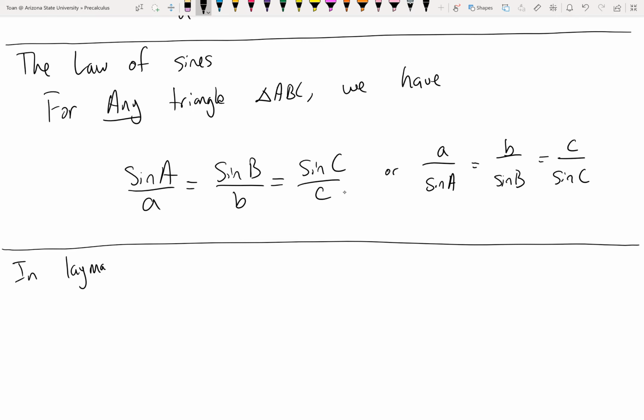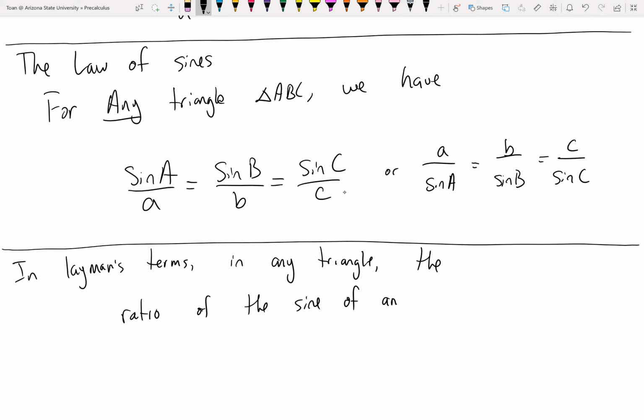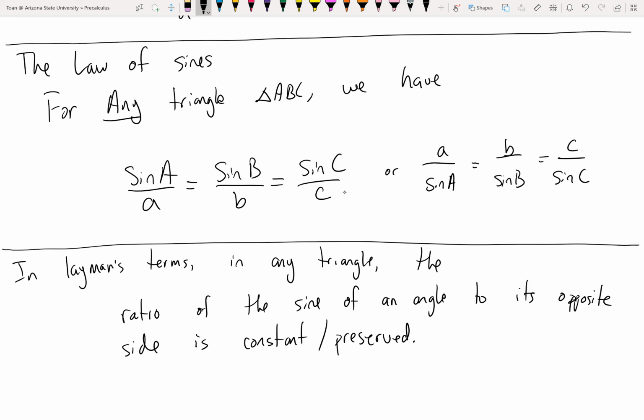So what does this equation mean? What does this relationship or formula mean? In layman's terms, in any triangle, the ratio of the sine of an angle to its opposite side is constant or preserved.